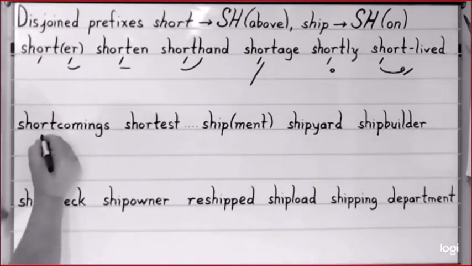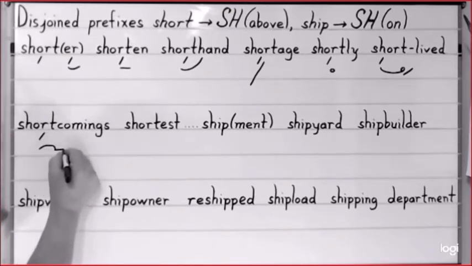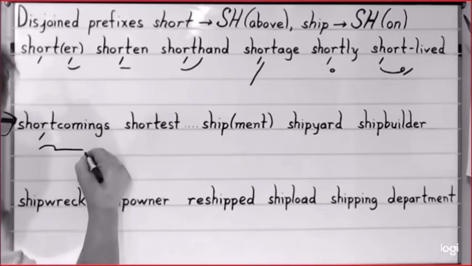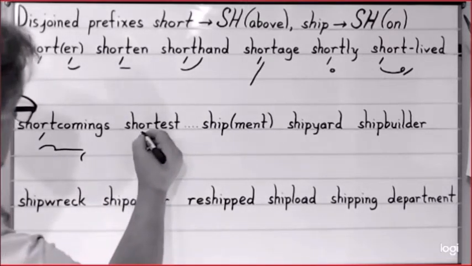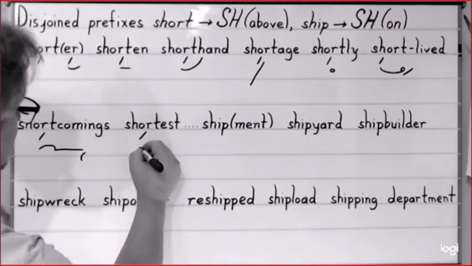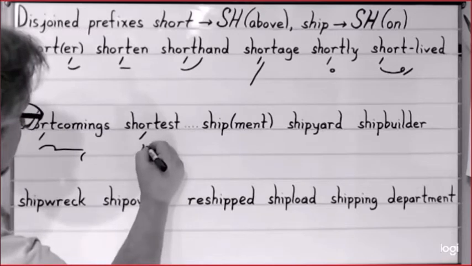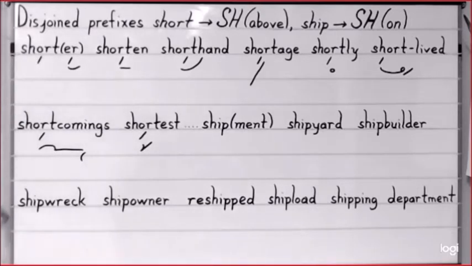Shortcomings is an SH, K, M, then a disjoined left S for the ings at the end, shortcomings. For shortest, it is an SH and then an ST below it.